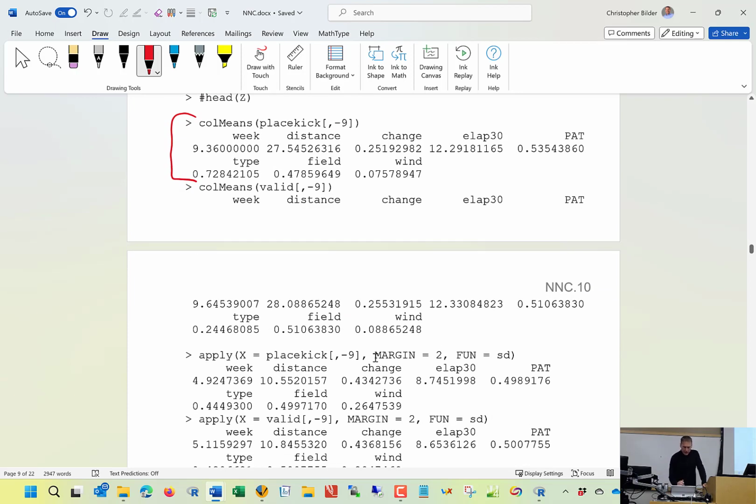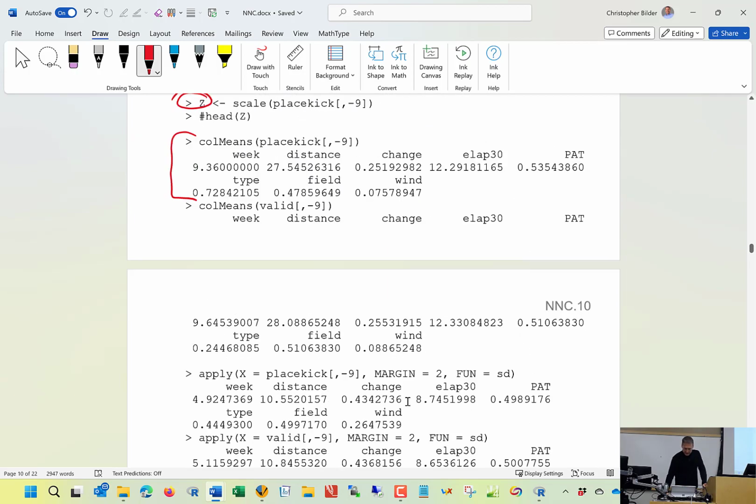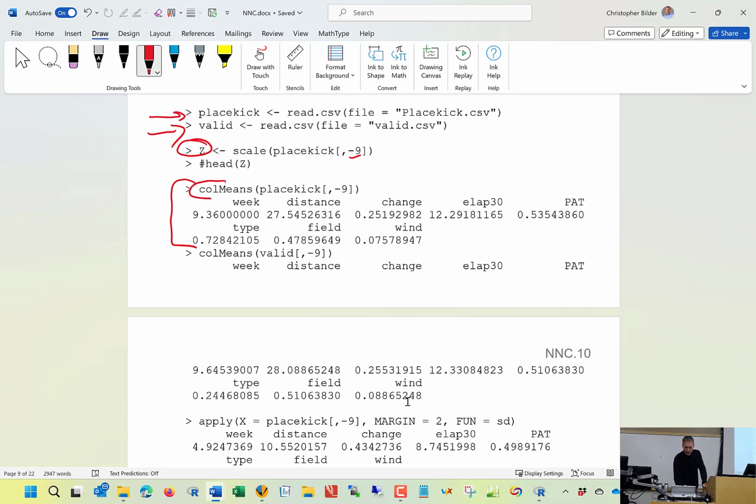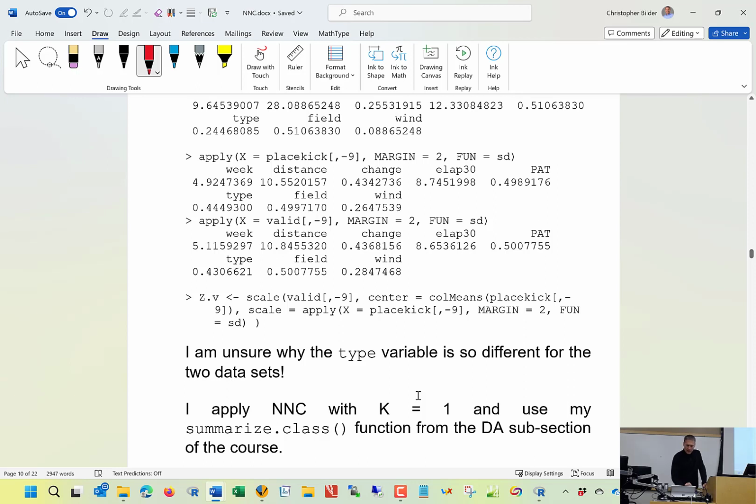So how would I find, again, all the means from the training data set? The quickest way is to use the colMeans function, which means column means. How would I find the standard deviations from the training data set?